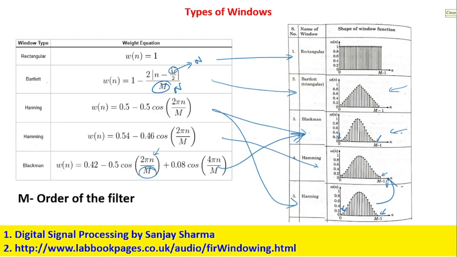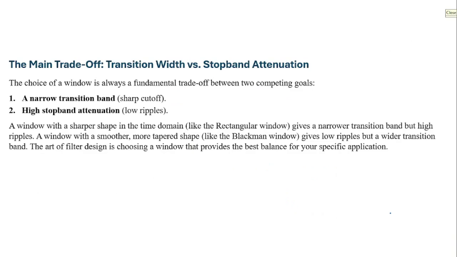Again, if you see, we are having this thing. However, the skewness in the Blackman window is slightly greater than the Hamming window. Okay. So over here, there are two components. The first component is the transition band, which results in the sharp cutoff.